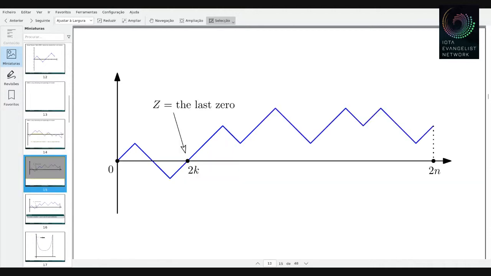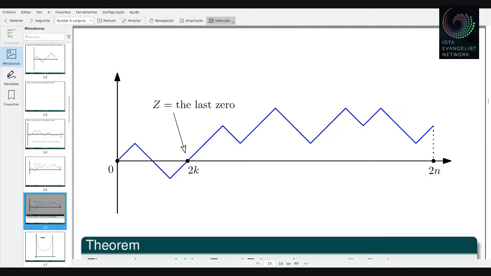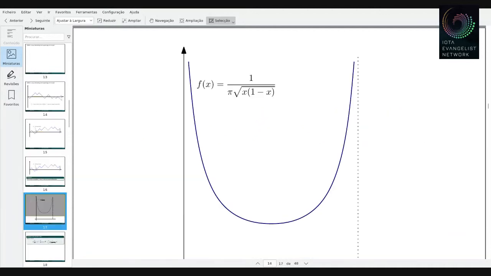So it should be more probable that the first player was leading like half of the time and the second player was leading half of the time. Well, however, it turns out not to be the case. It turns out to be exactly the opposite.